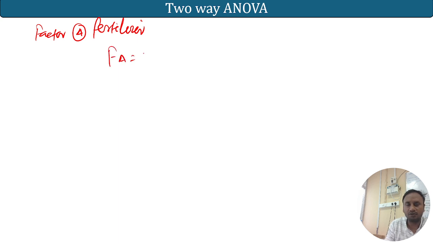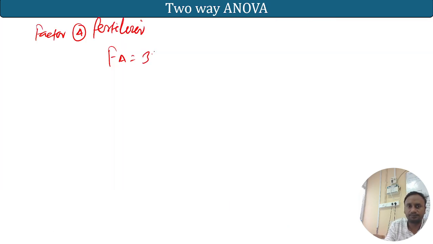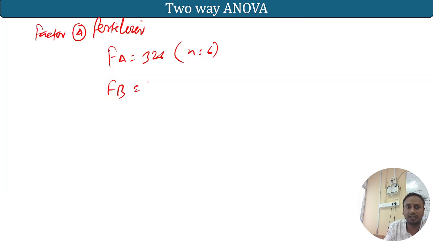FA will be the summation of all factors. So 50 plus 52, 50, 50, 50, 50, and it became 326. Then the next set of six values, 55, 55, 54 and so on, came to 333.